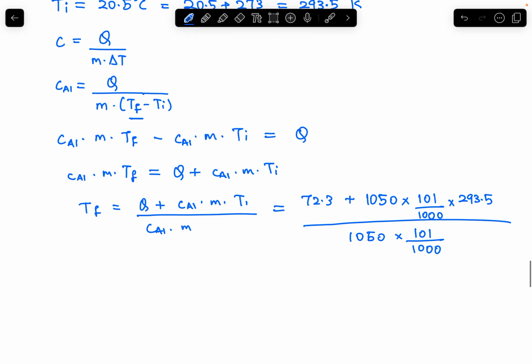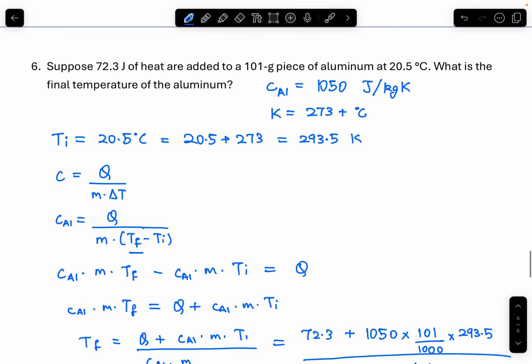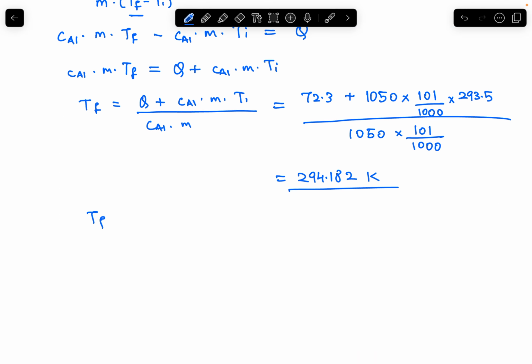Right. So when you solve this, you should get a value somewhat close to 294.182 Kelvin. Now you can leave this as it is because we are not explicitly told to find the temperature value in Celsius, but I will convert this into degrees Celsius.